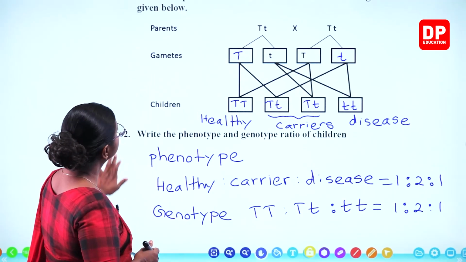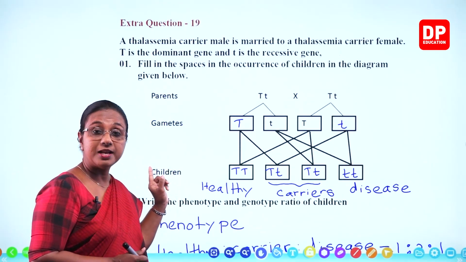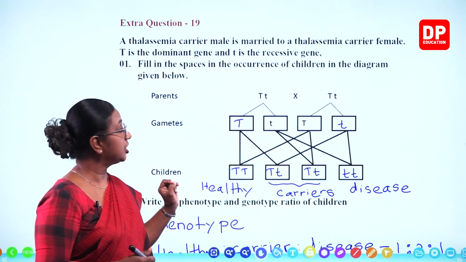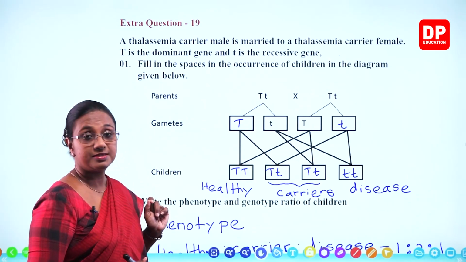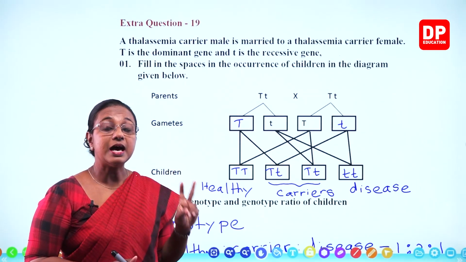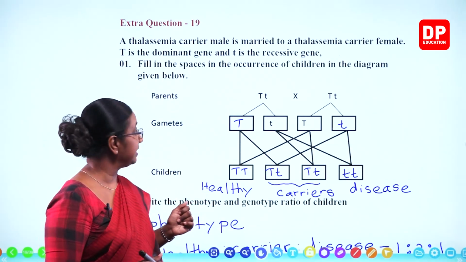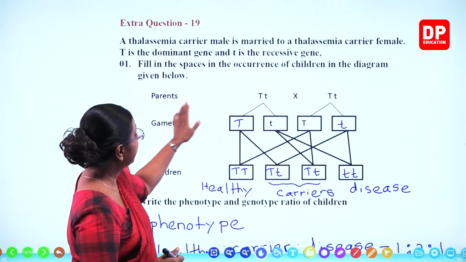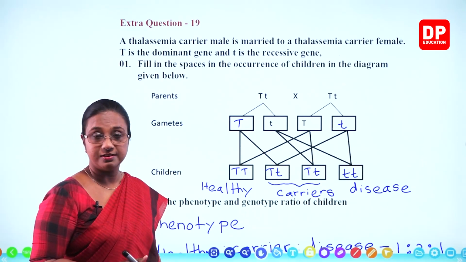So the question was related to thalassemia, where the production of hemoglobin is reduced in disease condition. So there the dominant gene is capital T, recessive gene is simple T. The double recessive or the homozygous recessive condition is the disease condition. So we had to fill up the diagram. The parents were given to us, gametes, and the occurrence of children.